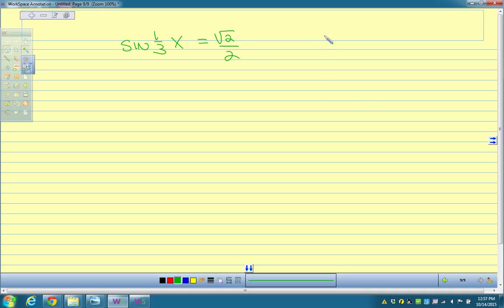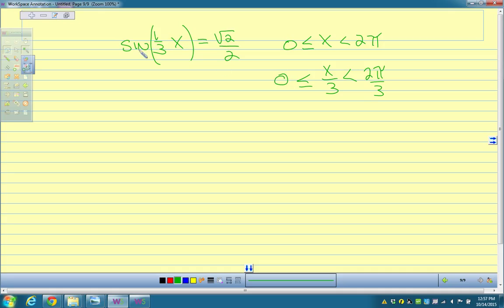And you want the answer where x is between 0 and 2 pi. I just made up this problem. Okay? So if x is between 0 and 2 pi, x over 3 would be between what? 0 and 2 pi divided by 3, right? I divide the interval, so that makes my job a little bit easier, okay?